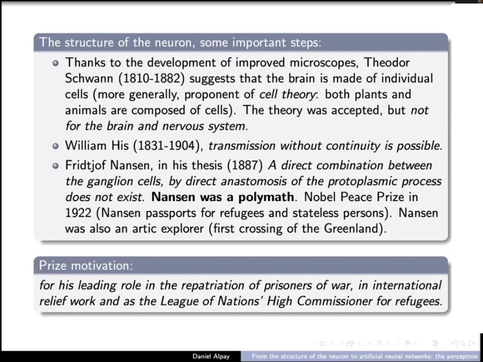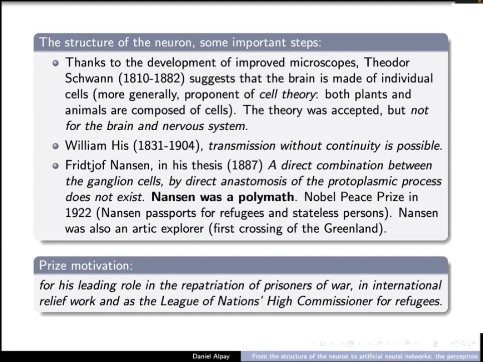And then a very interesting character. In this talk, I mentioned a lot of Nobel Prizes in physiology or medicine, but Nansen got the Nobel Peace Prize. He was a polymath. His thesis was also on the fact that there is no connection between the axon and the dendrites.